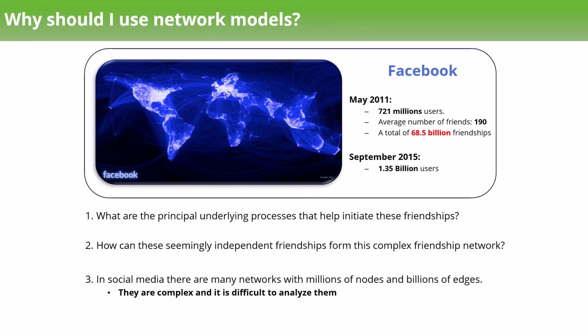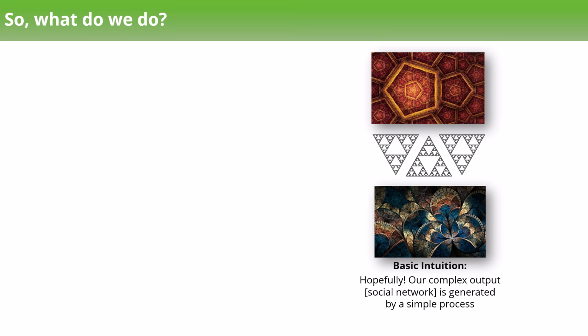With networks this large, analyzing every connection directly is almost impossible. Therefore, we need mathematical models that represent and explain these structures. So what do we do? Instead of studying real networks directly, we create models that generate graphs similar to real world networks.